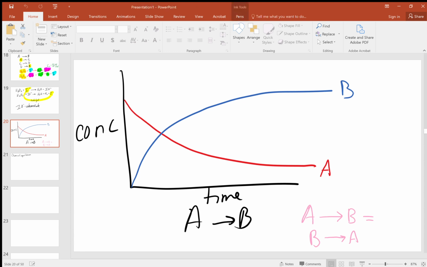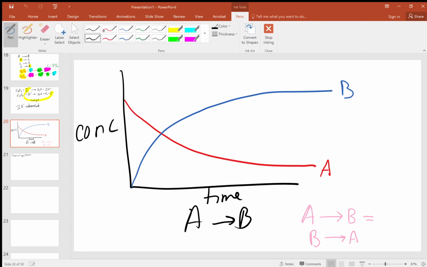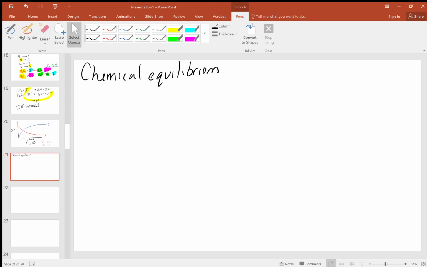And what we mean by that is that, at least in theory, every reaction is reversible. The starting materials can react to form products, and the products can react to reform the starting materials. And that is a situation that we define as chemical equilibrium.